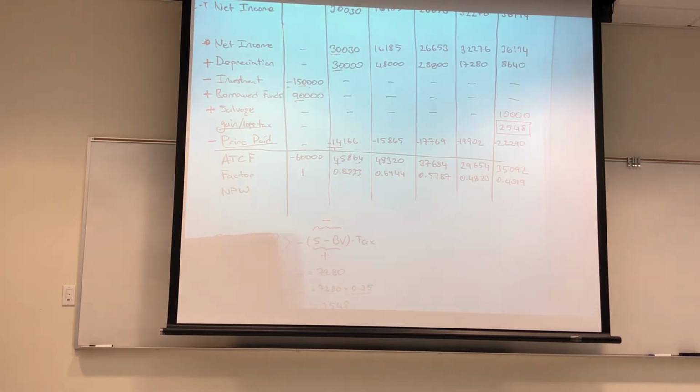Minus 60,000 plus 45,864 times 0.8333 plus 4832 times. And I'm intentionally doing the calculations by hand to show you approximately how much time you're going to need in the quiz, just to make it kind of similar.